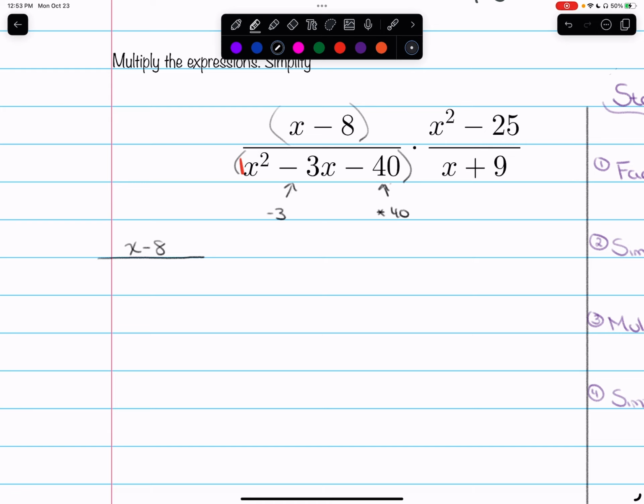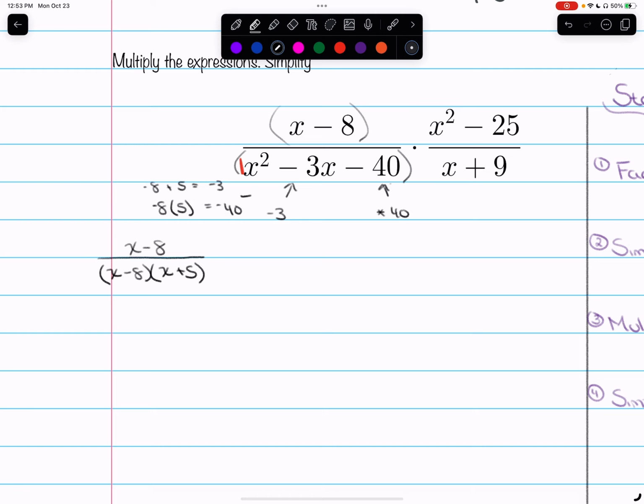Okay? And in this case, that is going to be -8 times a +5. That gives us our -40, and when we add them, -8 plus 5, we get -3. So that's what we want. So our factors are x minus 8 and x plus 5.